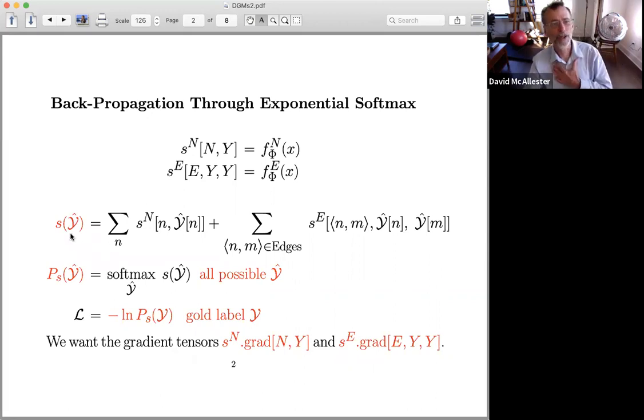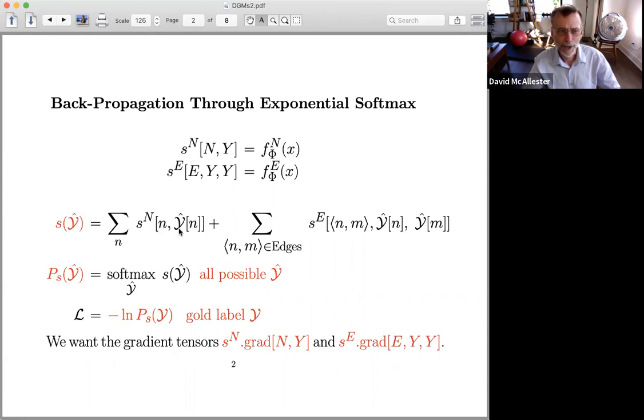Okay, so in these slides, I'm going to use calligraphic Y to mean the global labeling of all the nodes in the graph. The score of a potential labeling of all the nodes in the graph is going to be the sum over nodes of the unary potential at that node for that labeling of that node.